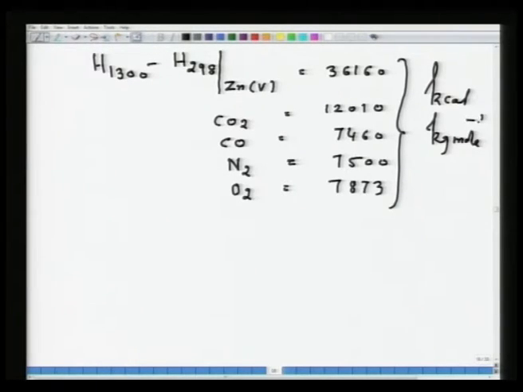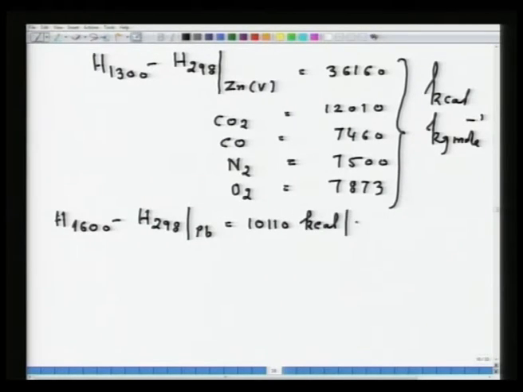Now, H 1600 minus H 298 for liquid lead is equal to 10,110 kilocalorie per kg mole.